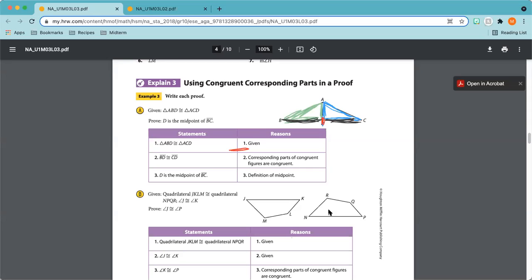Now, D is the midpoint of BC. That's the definition. The definition of a midpoint is the point that lies in the middle and gives you two equal halves. That's what we already said, these two are congruent. So that's your proof. Your proof is basically this works because this is true, and then because that's true, this other thing is true. Does this one make sense?